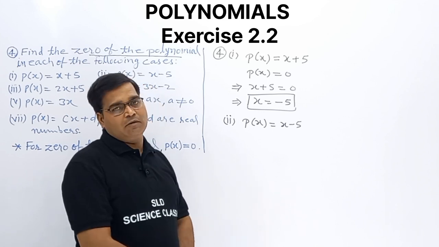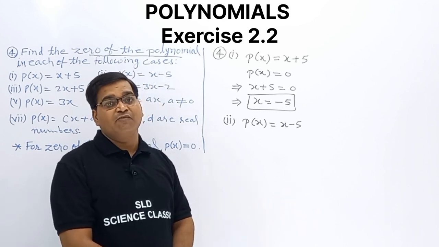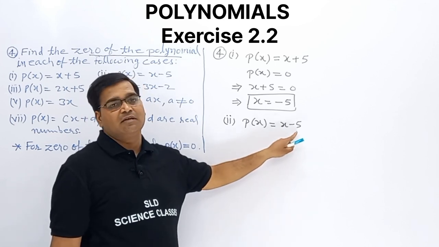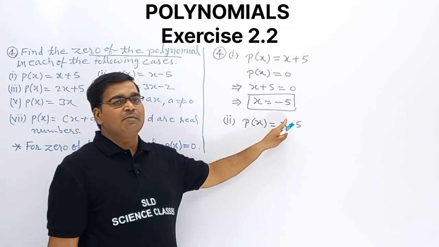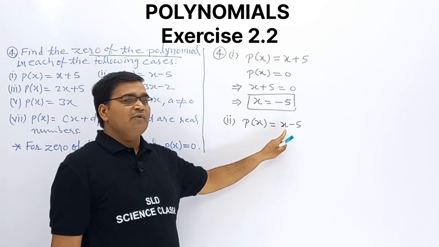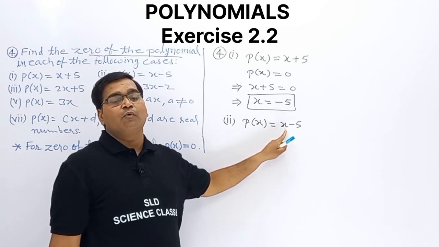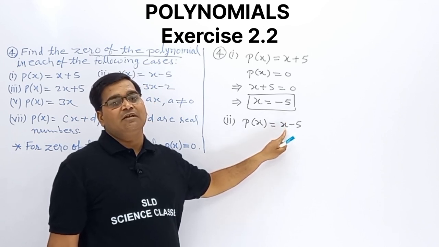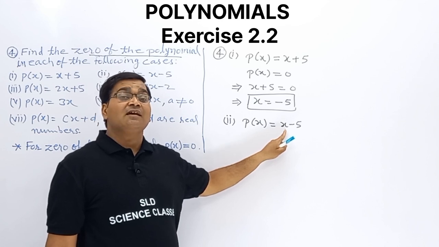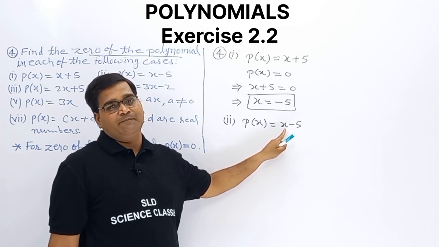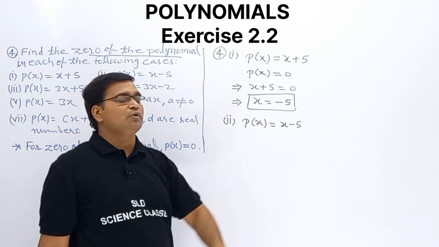So this is a linear polynomial. Why? Because its maximum power of variable is 1. If the maximum power of a variable is 1, then that is the linear one. Its degree is 1, which means linear polynomial.